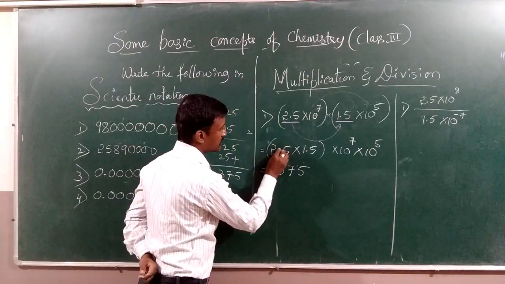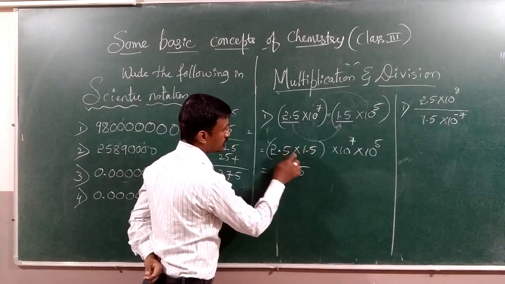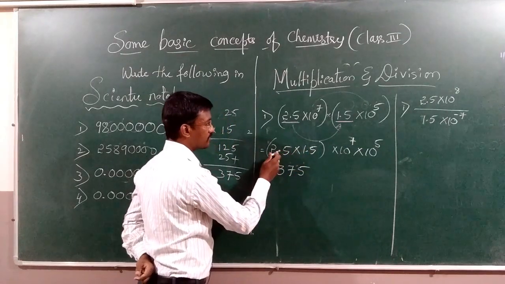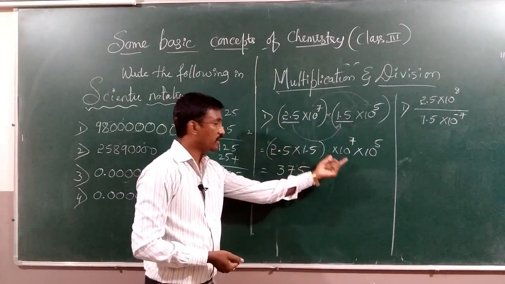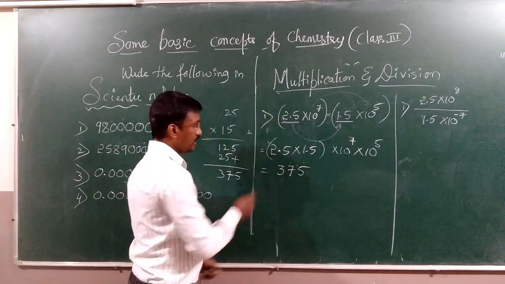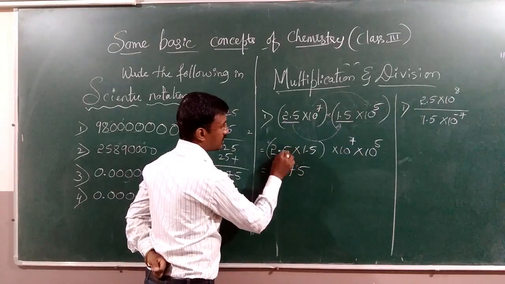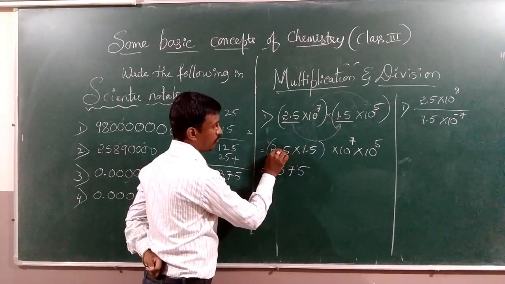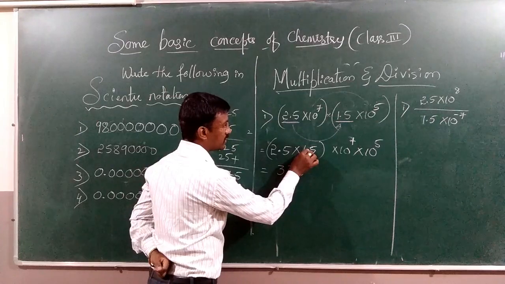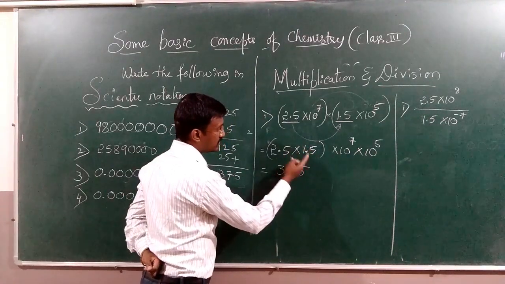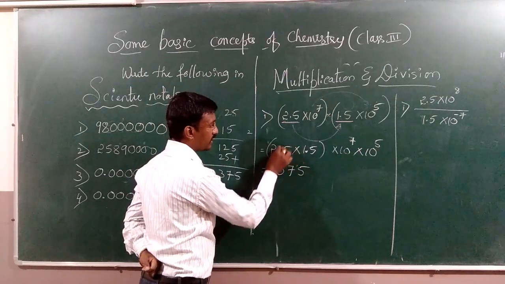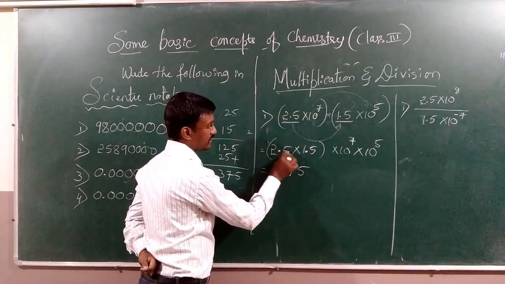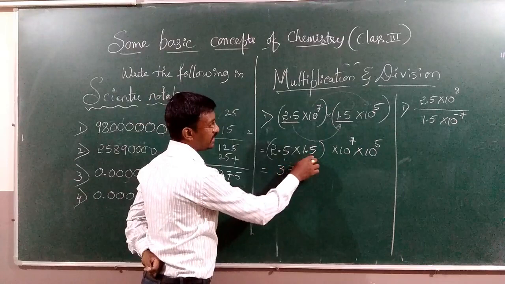Can you see where the decimal points are? Look from the right side to the left side. You are not supposed to look from left to right. From the right, in 2.5 there is 1 digit after the point, and in 1.5 also 1 digit after the point.